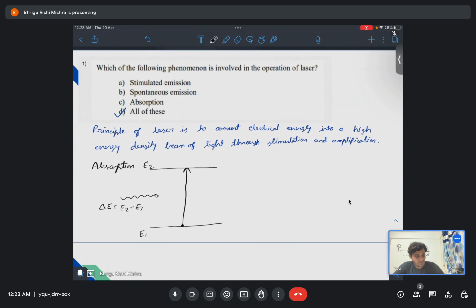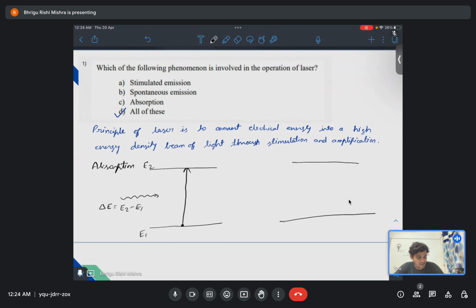Similarly, after absorbing this photon, the atom goes to the higher level, and after a very little time, in nanoseconds or even less, this electron or atom spontaneously emits or radiates a photon of energy.